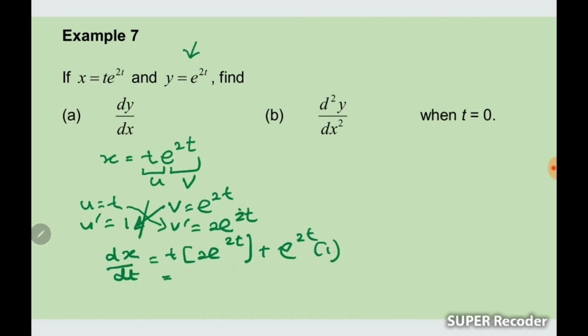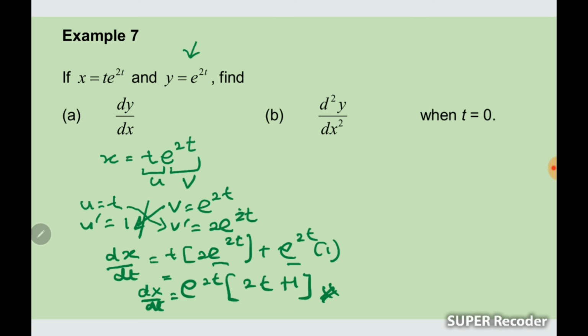You need to factorize e to the power of 2t, so the remaining term is 2t plus 1. This is dx/dt.